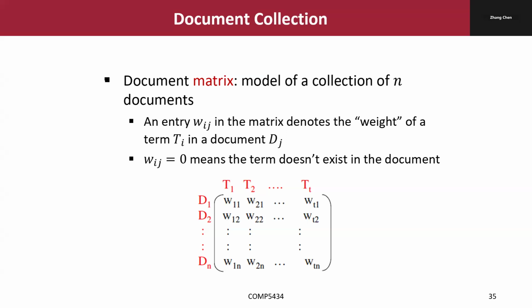So the document matrix is simply a structured way to store all the documents and all the word counts together. Once we have this matrix, we can apply many algorithms like similarity search, clustering, and classification. In other words, the document matrix is a starting point for most text mining algorithms, okay? Any questions on this?